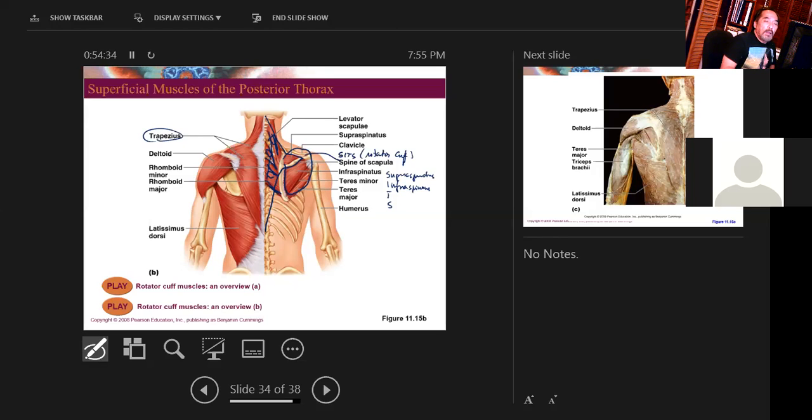And then the T is teres minor. And then the S is the one in front of the scapula, subscapularis. Okay, those are the muscles. And then we're finished with the upper back. Now the only thing is the lower back, which is made out of only the latissimus dorsi.